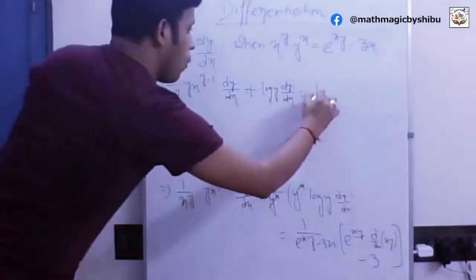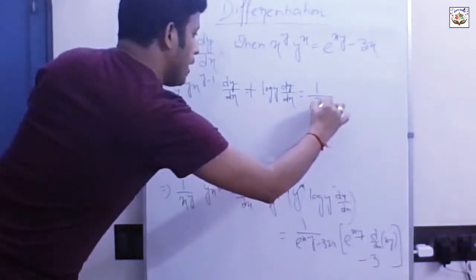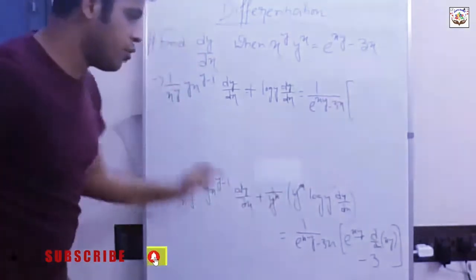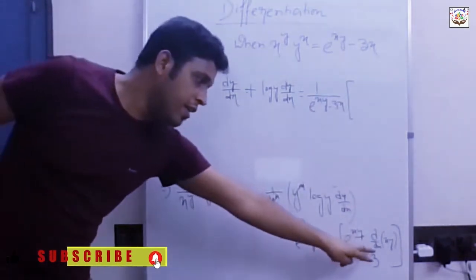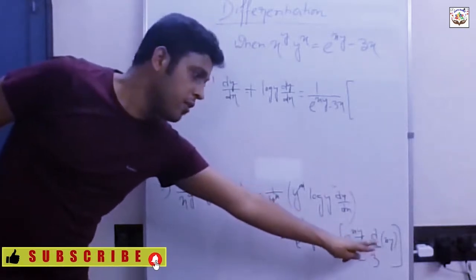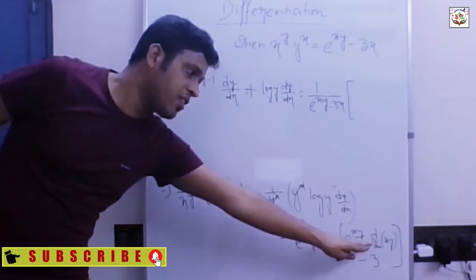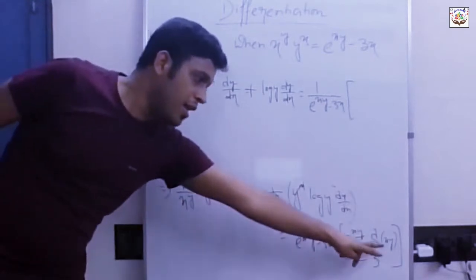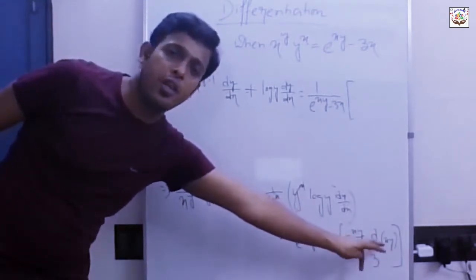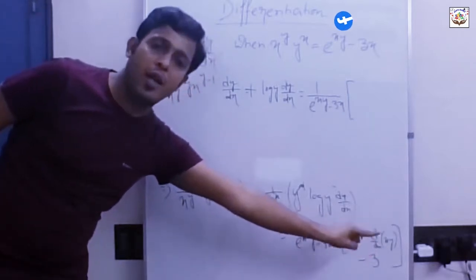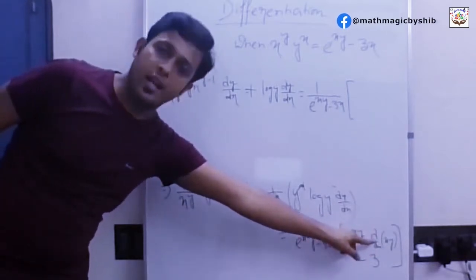Plus log y dy dx equals to, in the right hand side part, what we get? 1 by e to the power xy minus 3x, and within the bracket it would be ddx of x into y, which means y plus x dy dx. If you apply the formula of ddx of u into v, you would see that ddx of xy would be y plus x dy dx.